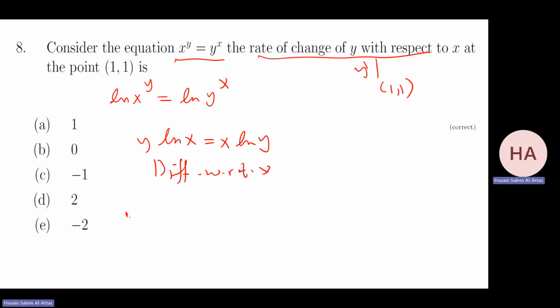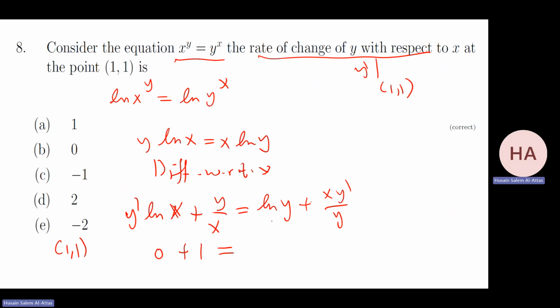I have what? y prime ln x plus y over x equals ln y plus x y prime over y. Now the point 1, 1 gives me what? This is 0 plus 1, ln 1 is 0, 1 equals 0 plus 1 plus y prime. So y prime equals 1. And that is the answer.